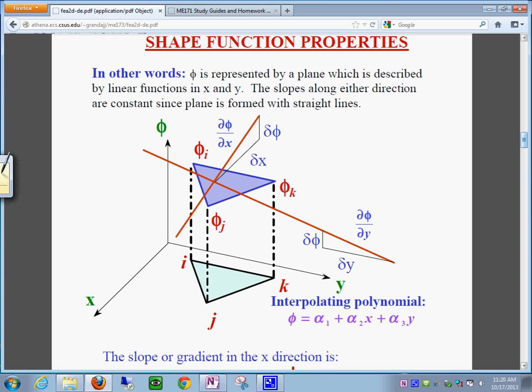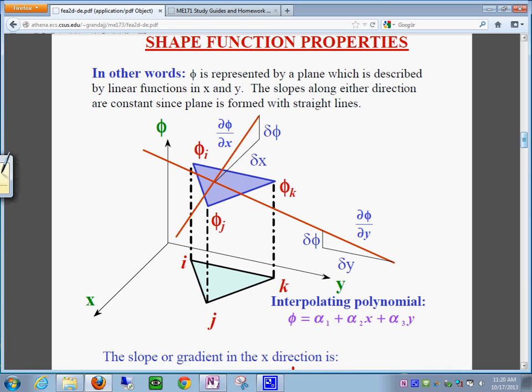But we also have a situation where the solution forms an angle with the y-axis. So you have a slope along the x-axis and along the y-axis.